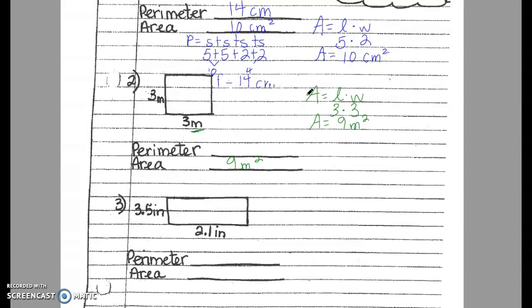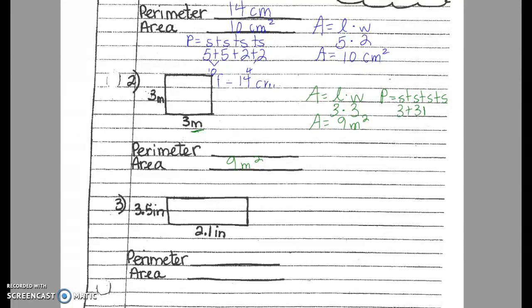Now I'm going to come do my perimeter. Perimeter equals side plus side plus side plus side. Okay, so what are each of my sides? 3 plus 3 plus 3 plus 3.